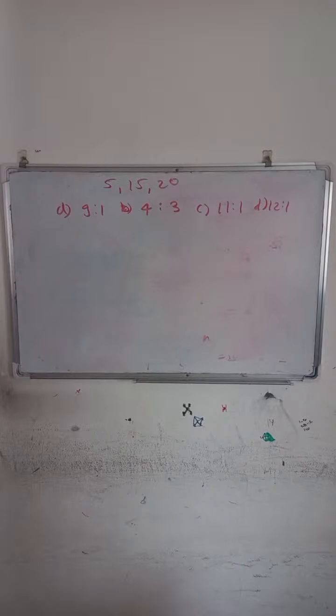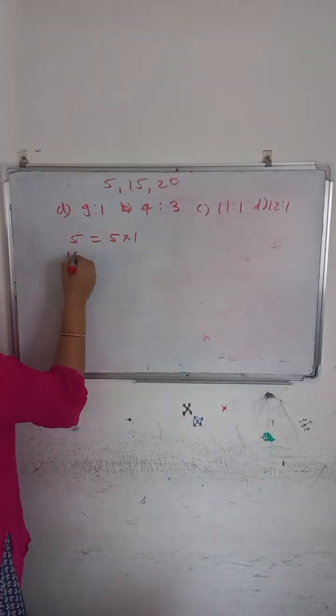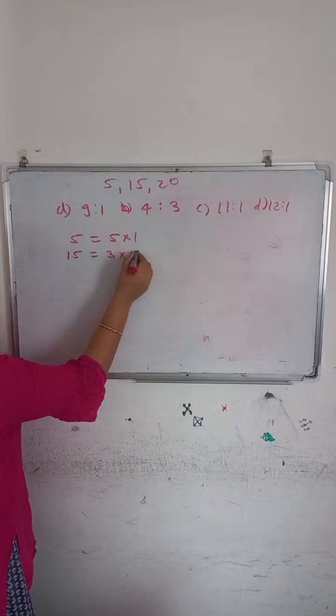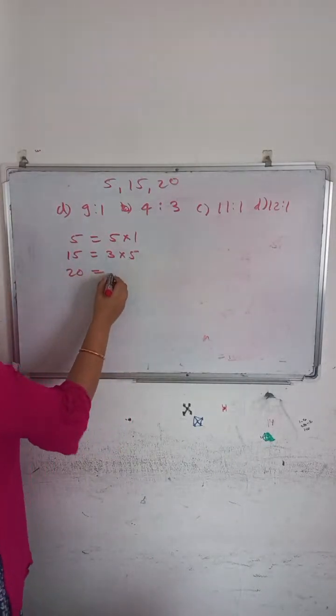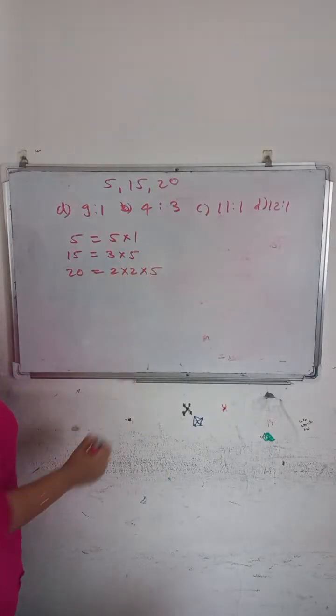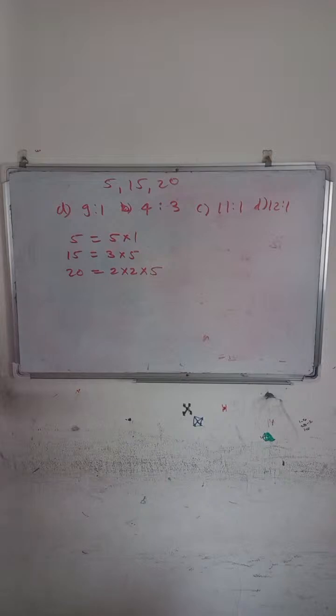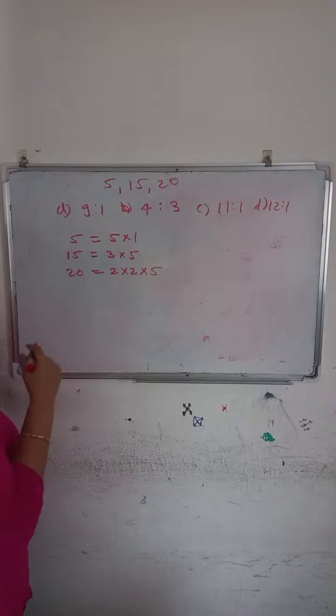First take the prime factors. 5 is nothing but 5 into 1. 15 is 3 into 5, and 20 is 2 into 2 into 5. These are the factors. It is a 1 mark question, but solve in detail and then choose the option.